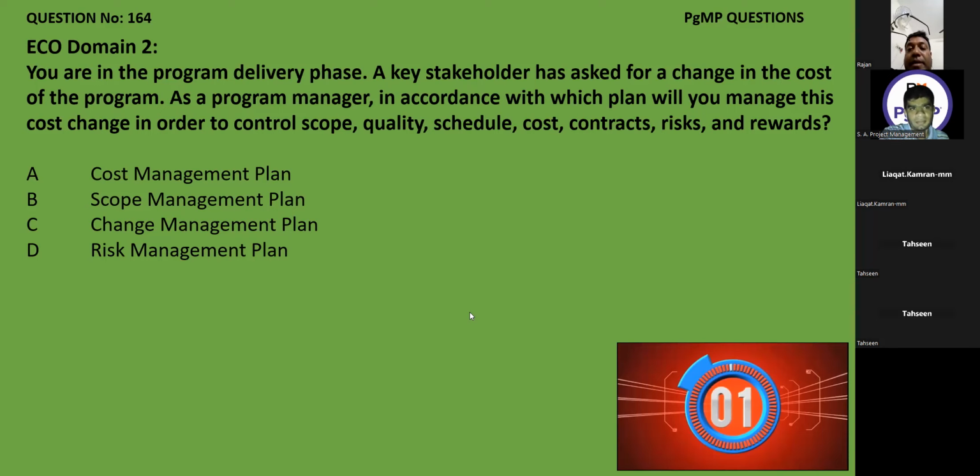I think it is directly referring to the change management plan. Cost management plan is wrong because it is not just about cost. They're talking about scope, quality, schedule, risk. It's more about change management plan. Change management plan is the right thing, but cost management is the wrong one.